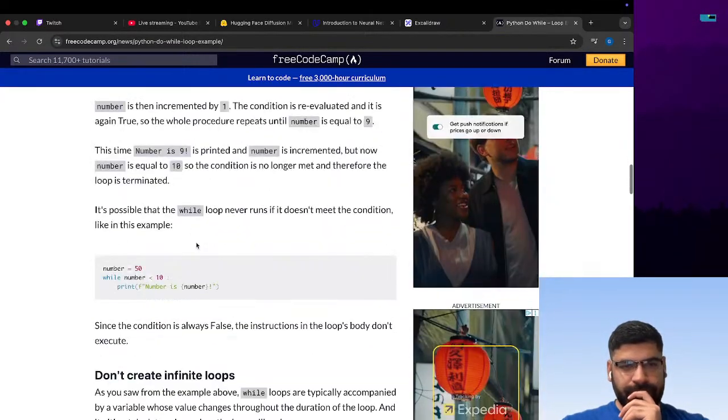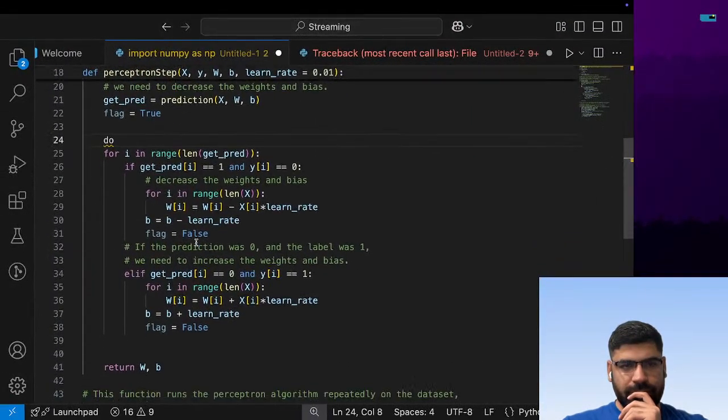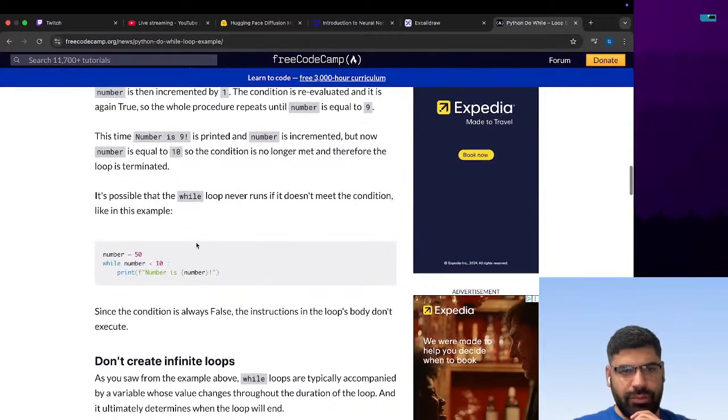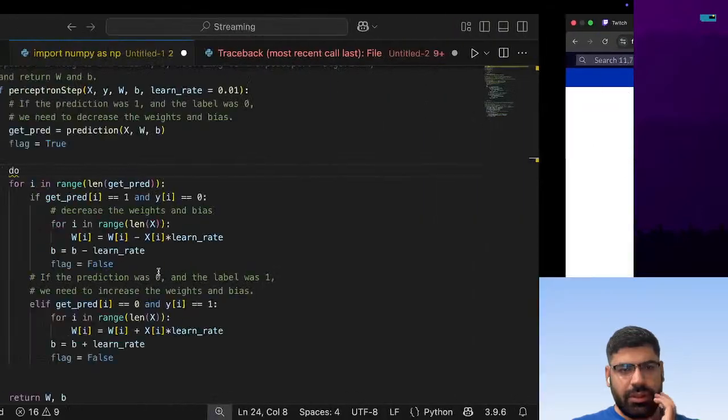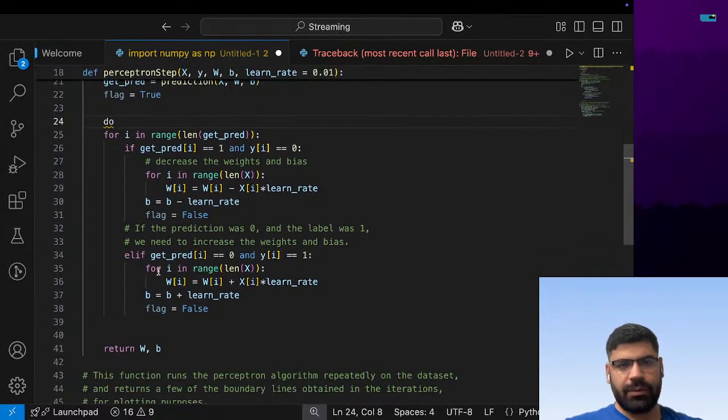Instead of do while, this. It keeps going for all the predictions, but the flag is already false.